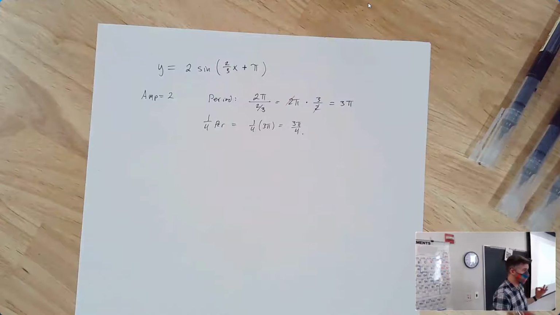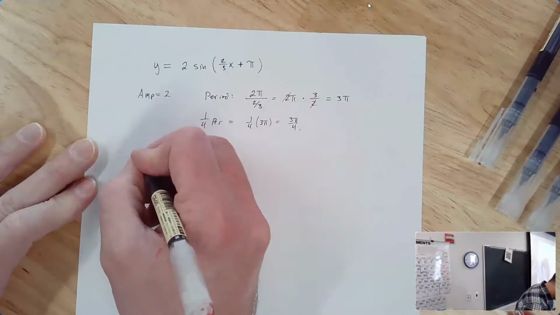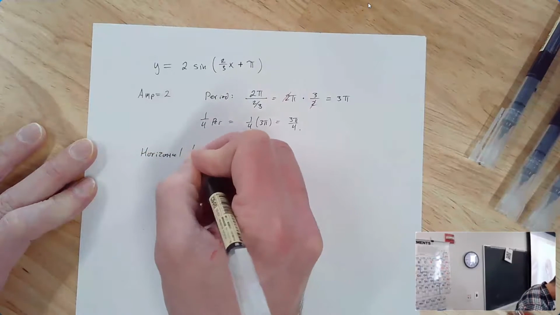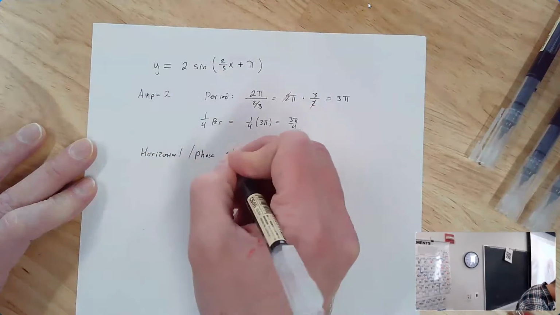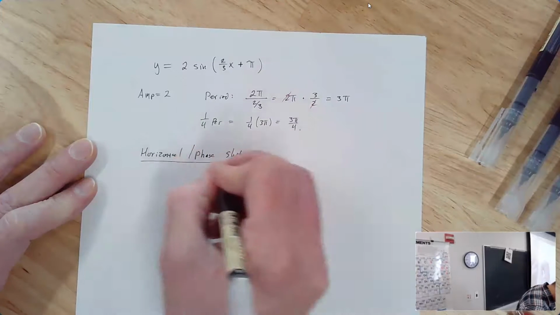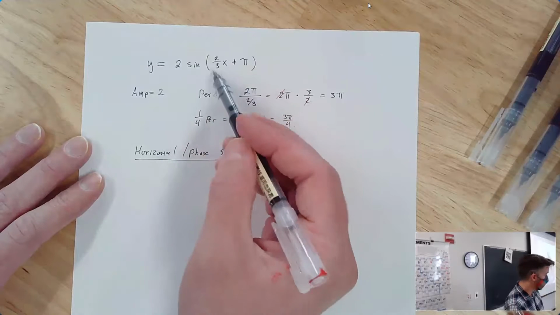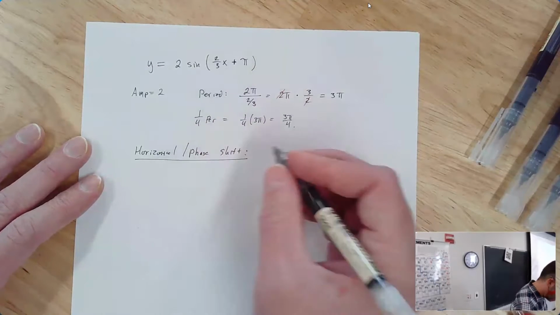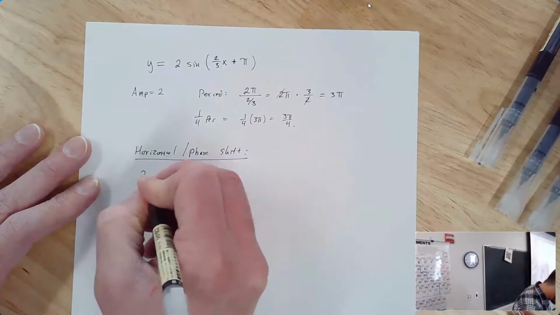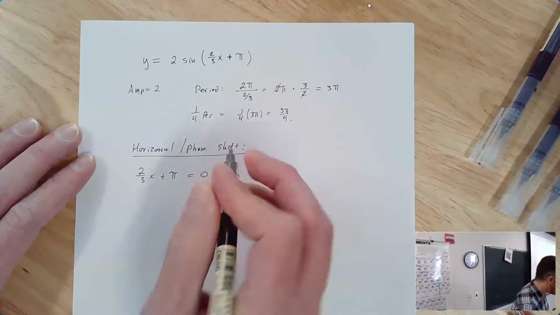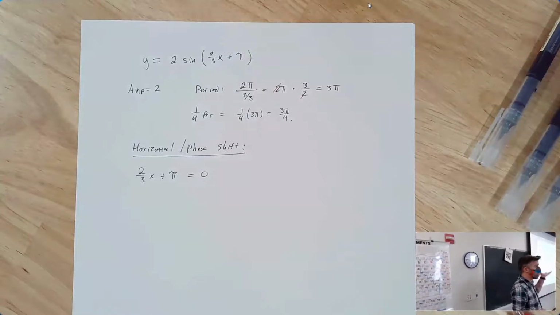So here's how we find the horizontal shift, also known as the phase shift. And there's actually a really easy way of doing it. Take the inside of the trig function, also known as the angle, so take your 2/3 x plus pi and set it equal to 0, because we really want to start where the angle is 0.